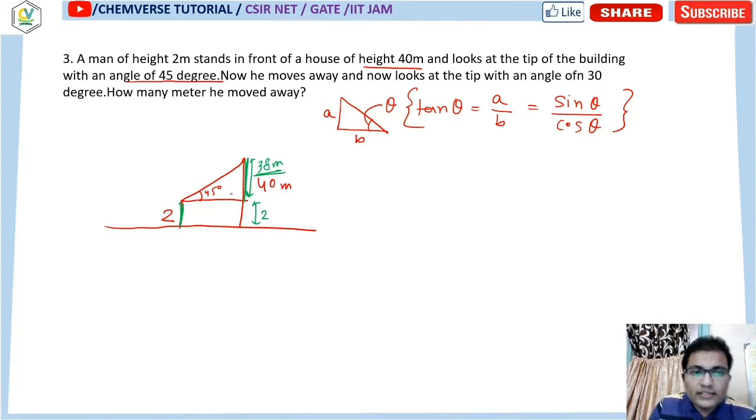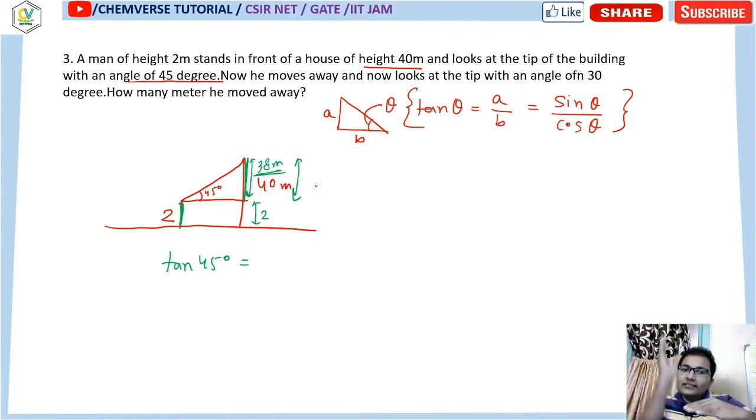And if you consider the triangle formed over here, it's a right angle triangle, and you can say that tan 45 degree is equal to this height basically. This height is not 40 meter, remember, because the man is already 2 meter tall. So the new triangle formed now has a height of 38 meter. So you can say that it is 38 divided by this distance. You can think that this distance is x, so it is divided by x.